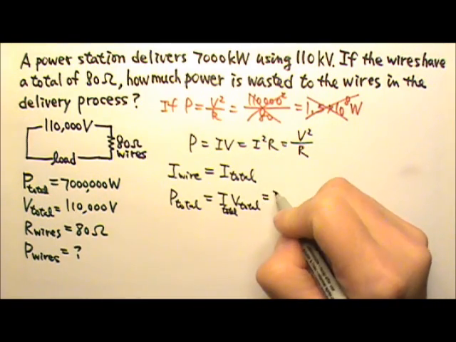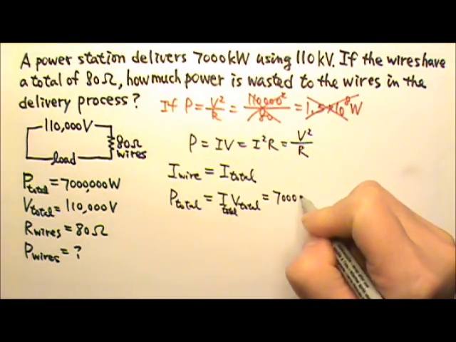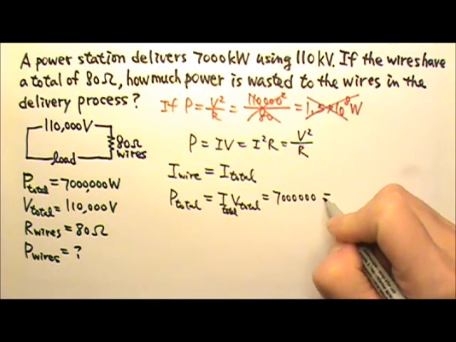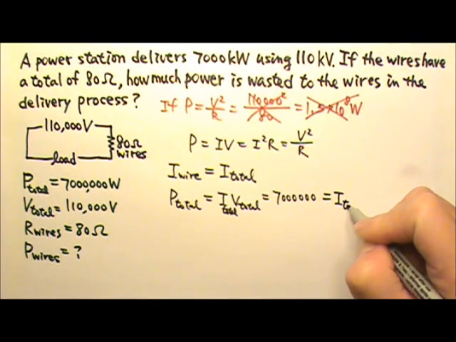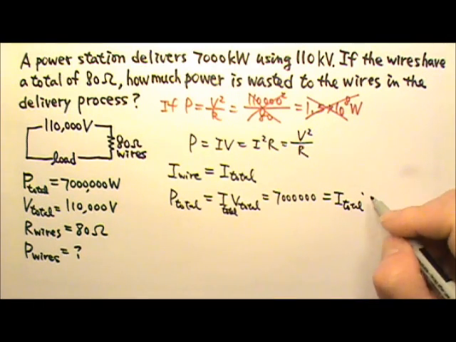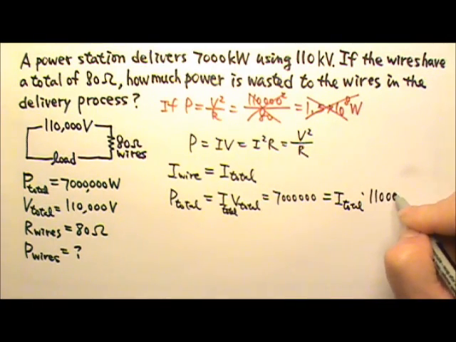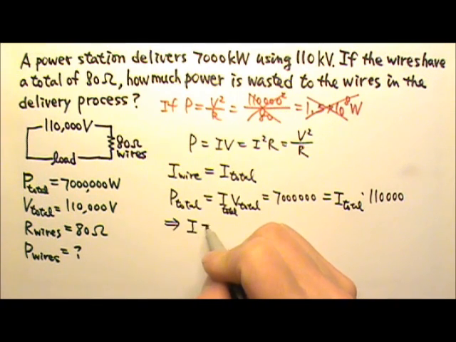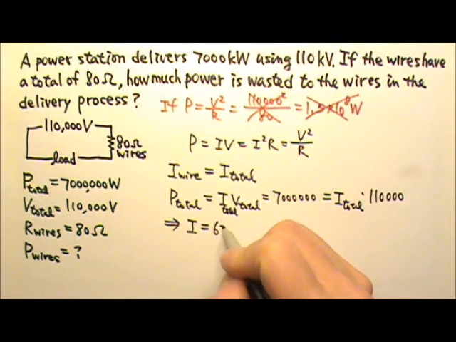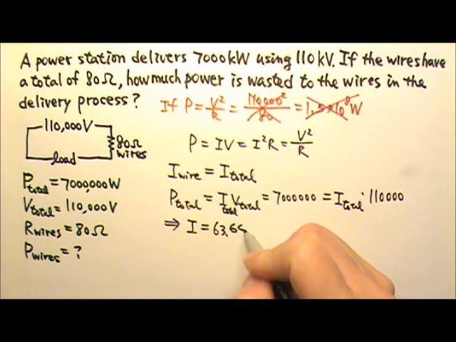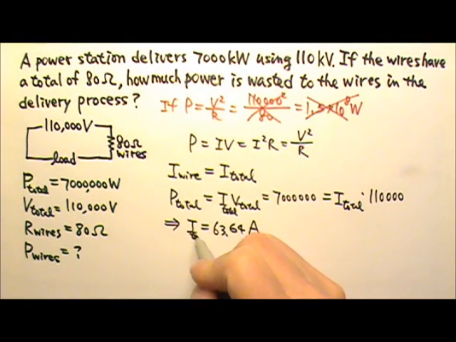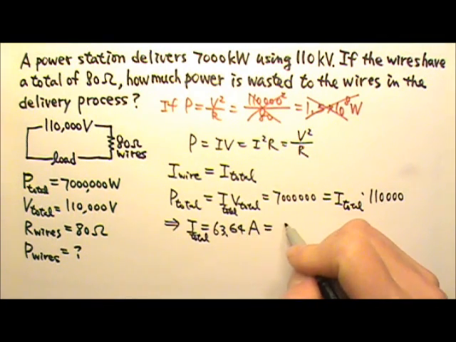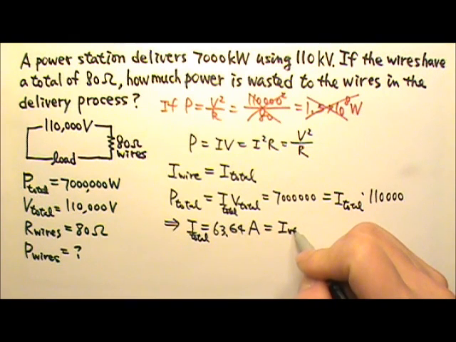The total power is 7,000 kilo, and that equals the current times the voltage, 110 kilo. This gives a current of 63.64 amps. This is the current in the total circuit, and it is also the current in the wires.